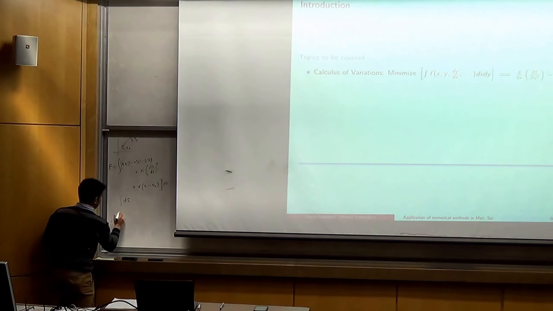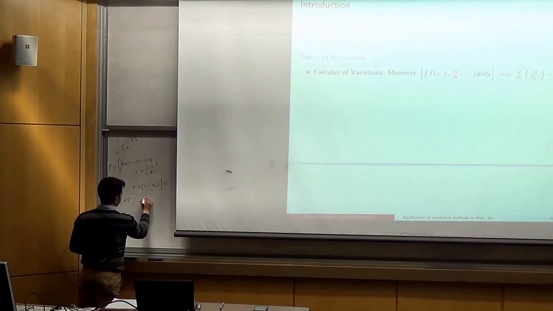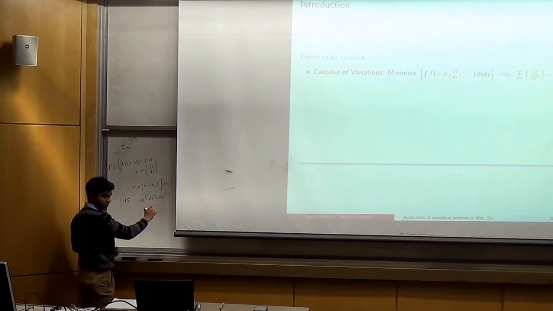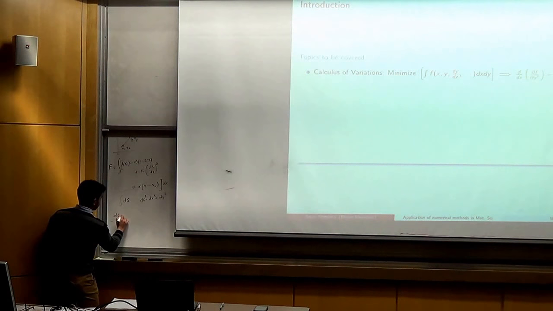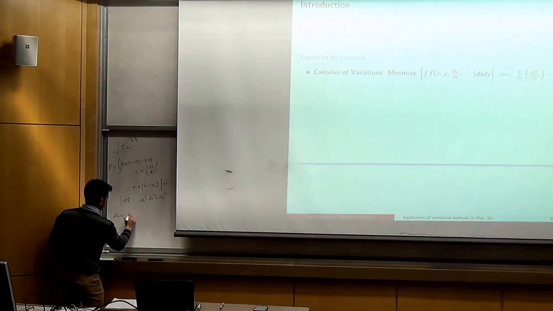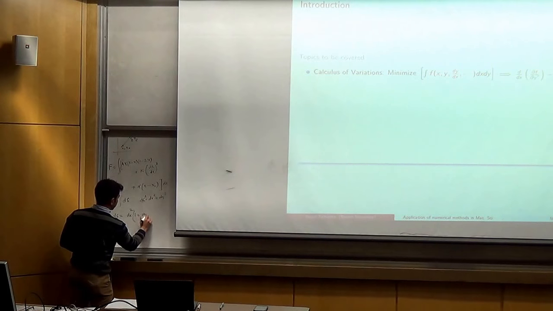Now we know that ds square is dx square plus dy square. Now if we take it, ds is dx times the square root of 1 plus dy dx whole square.